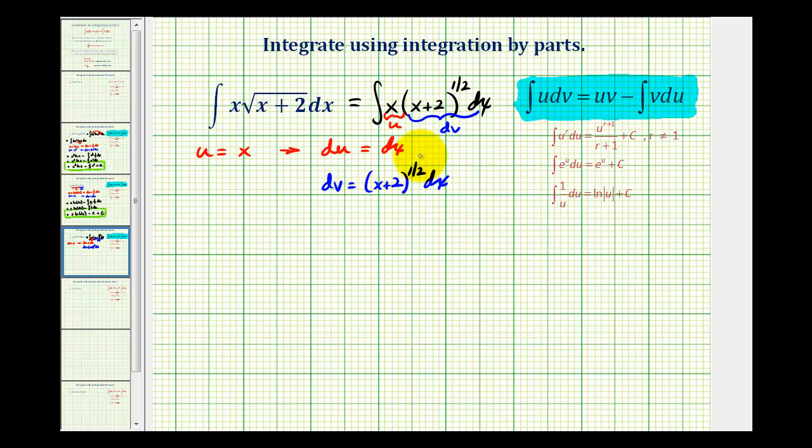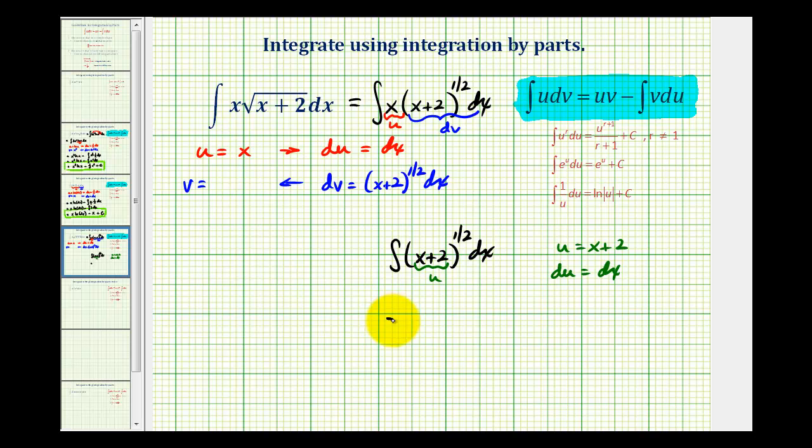So we have to integrate this to determine v. Let's take a closer look at the integral of the quantity x plus 2 to the 1/2 power dx. It looks like it's going to require u substitution where u would be equal to x plus 2, but notice how differential u is just 1 dx, or dx. So we could write this as u to the 1/2, and dx is just equal to du.